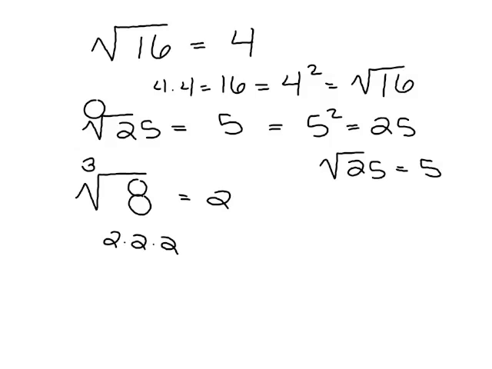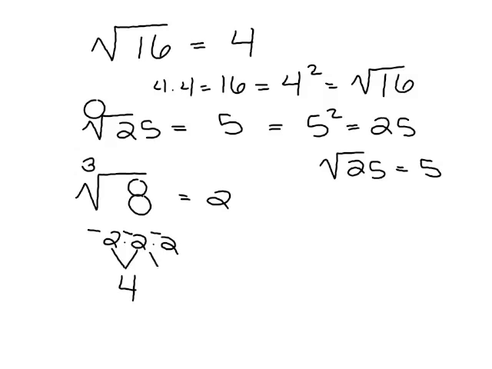Let's talk for a minute about positive and negative. 2 positives times each other are always going to be a positive. If I have 2 negatives times each other, they will also always be positive. So negative 2 times negative 2 is a positive 4.